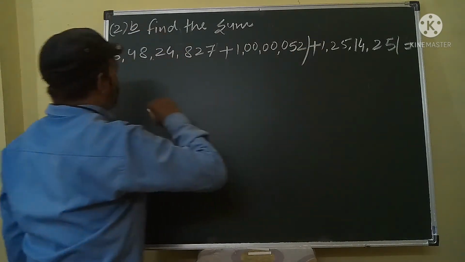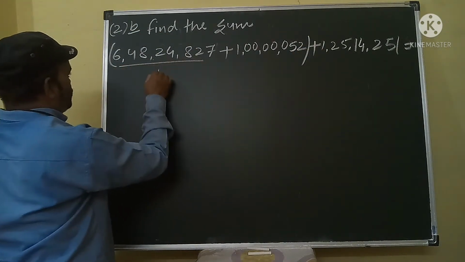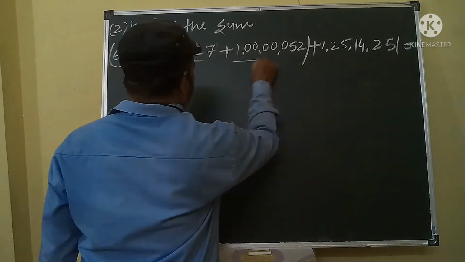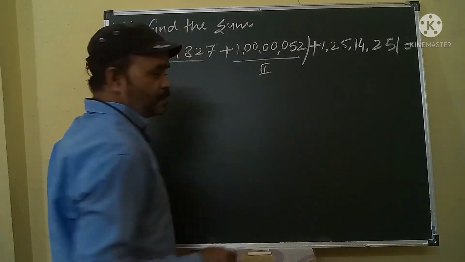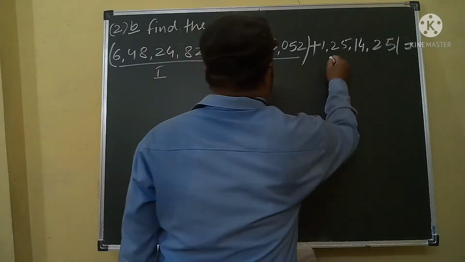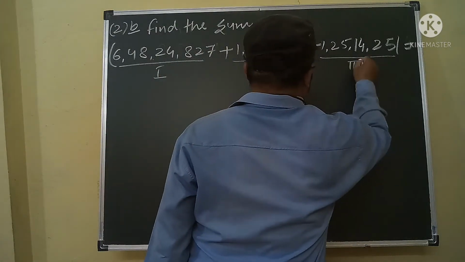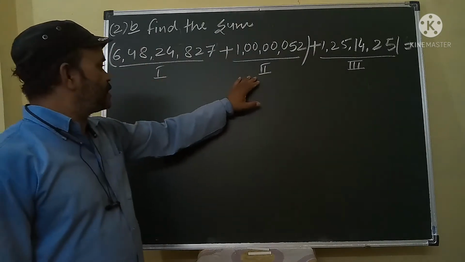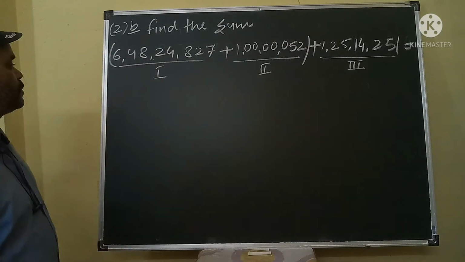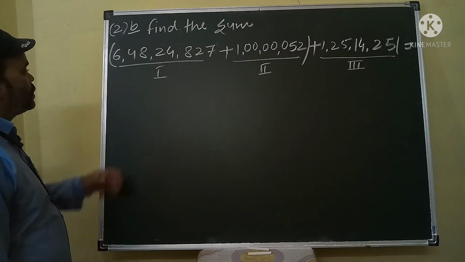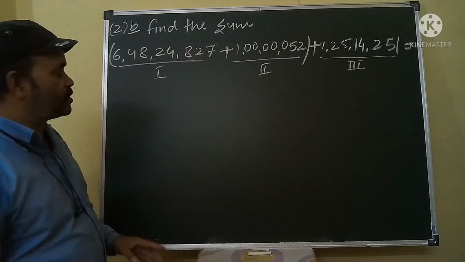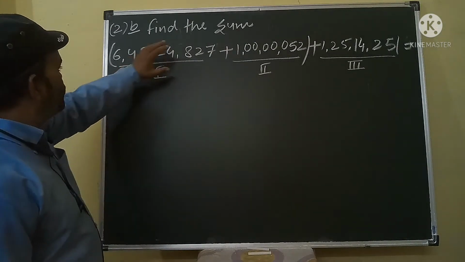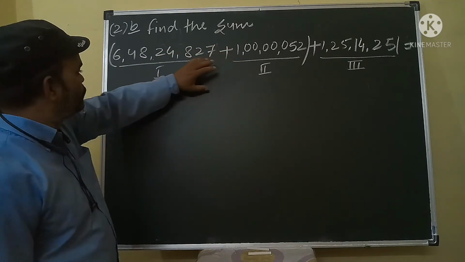Okay, now look here. This is first number, second number, and third number. What we will do? First you will add in the bracket terms. Which number will be in the bracket?